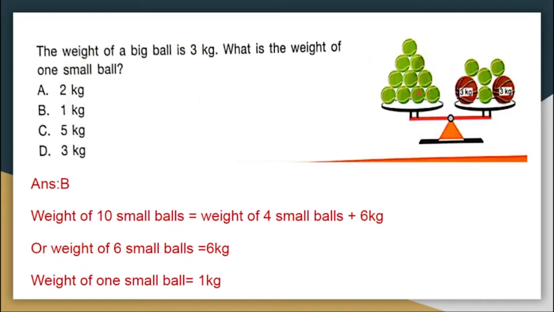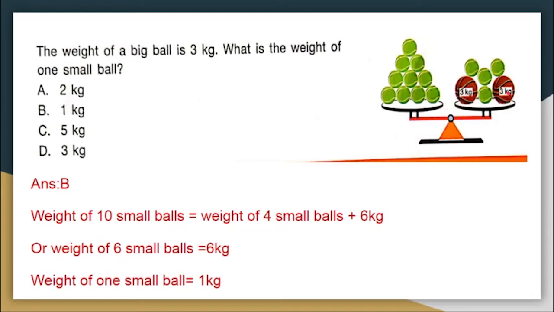So what does that mean? The weight of these 6 balls is equal to 6 kgs, because the weight of these 4 small balls is equal to the weight of these 4 small balls. Remaining I have 6 small balls here, and the weight of these 6 small balls is equal to 6 kg.